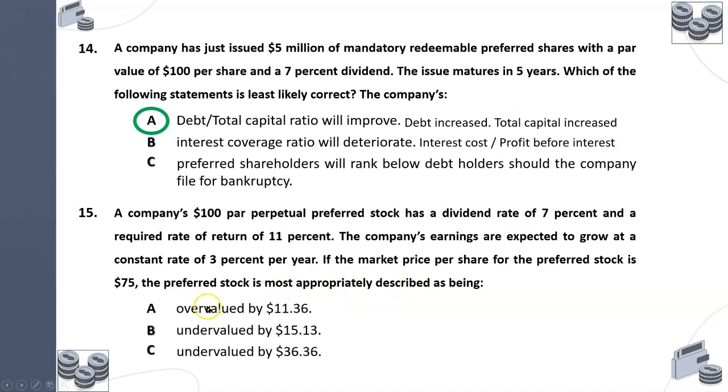Three answers. Is it overvalued or undervalued? And undervalued is a different number. These are the questions. To answer this, we need to see the fair value of the preferred stock.